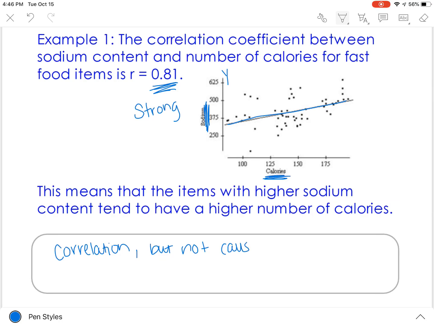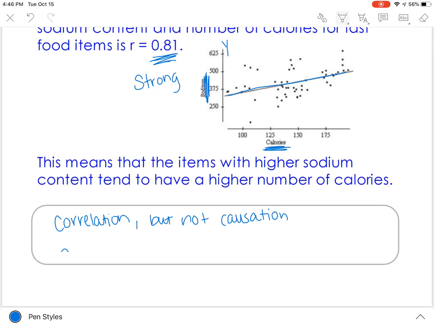And the reason is sodium has no calories. Since sodium has no calories, it cannot be the reason that the calories are going up. It can't cause there to be more calories in the food.